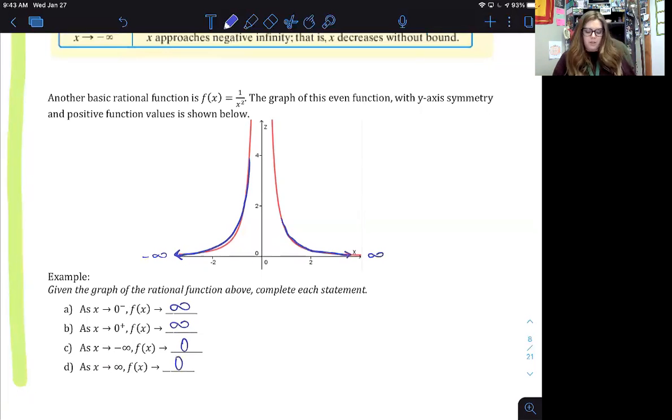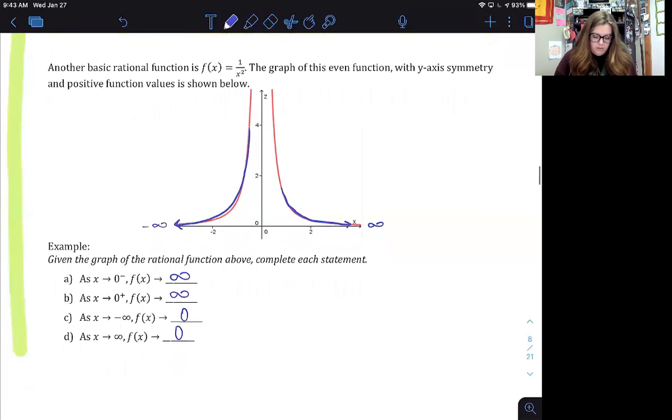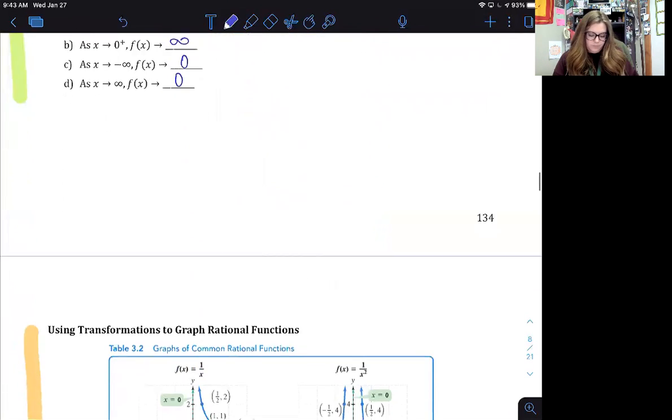Each of those lines, the y-axis and the x-axis, are both examples of asymptotes, one being vertical and one being horizontal. And that's one of the things that we use with this approaching from the left and the right. Okay, so let's look at those rules.